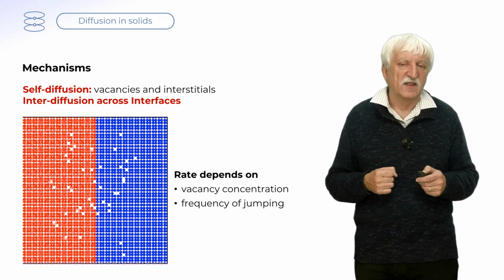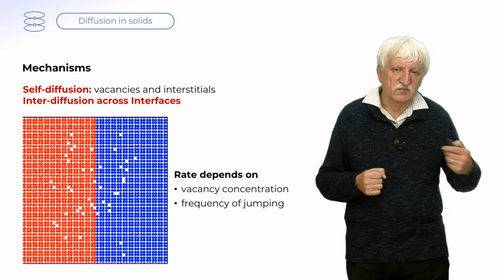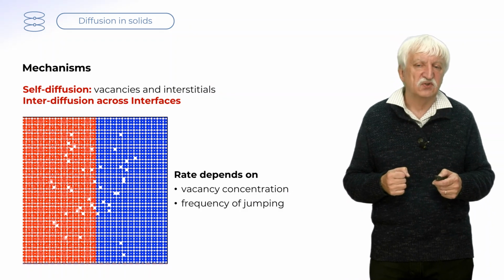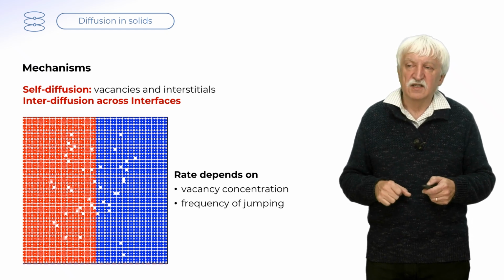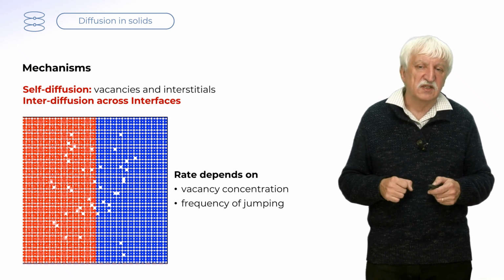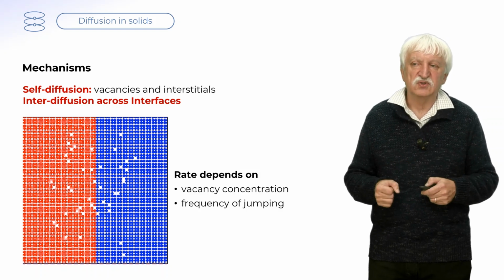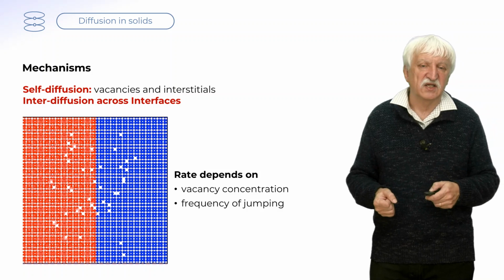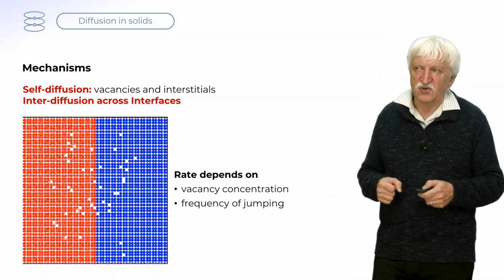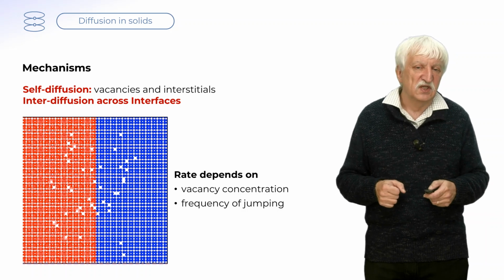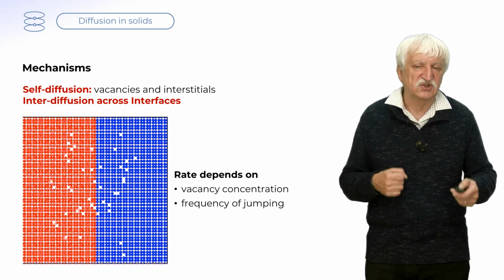So the atoms of one body move through the boundary between these bodies using the vacancy diffusion or interstitial diffusion mechanism. And the rate of this process, the diffusion coefficient, depends on vacancy concentration and the frequency of such jumping.